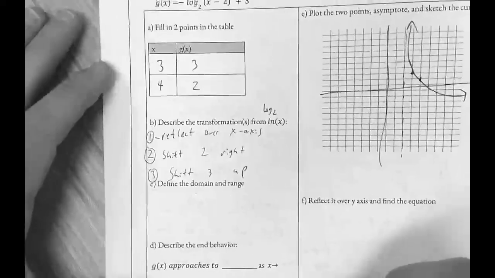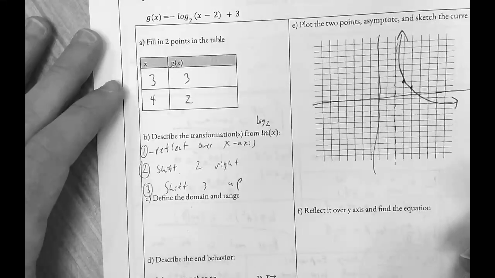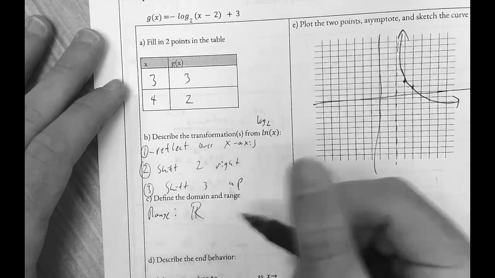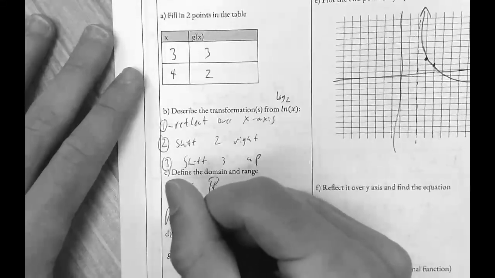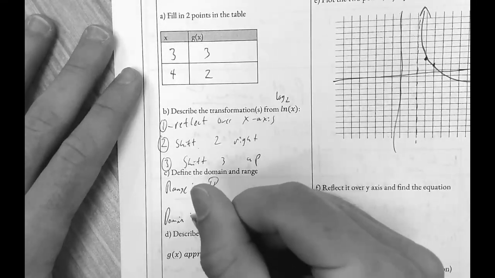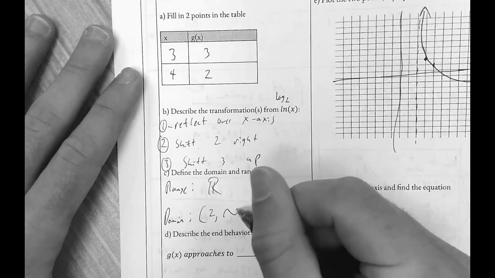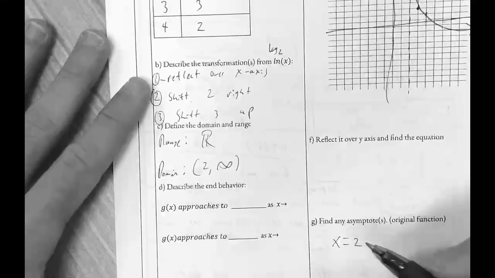Okay. Define the domain and range. The range is all real numbers, but the domain is everything from 2 to infinity, because that's where the vertical asymptote is.